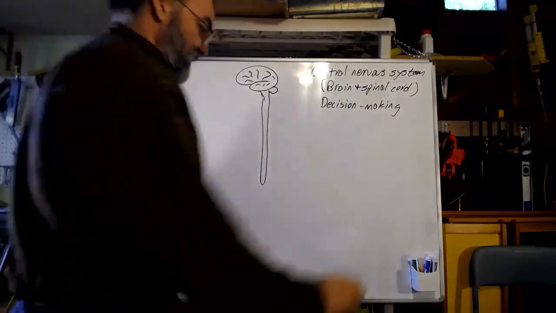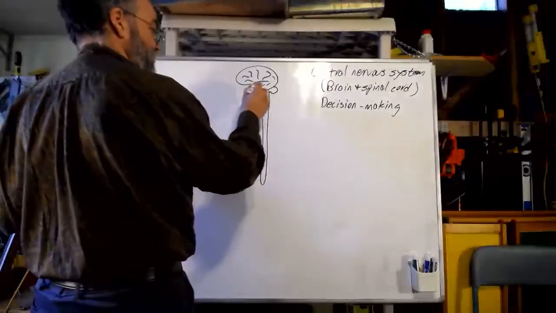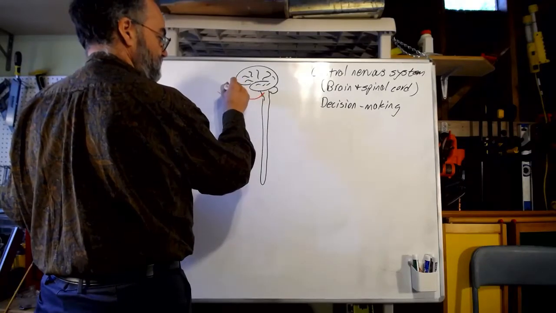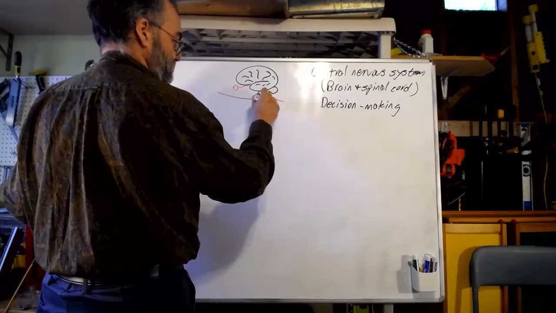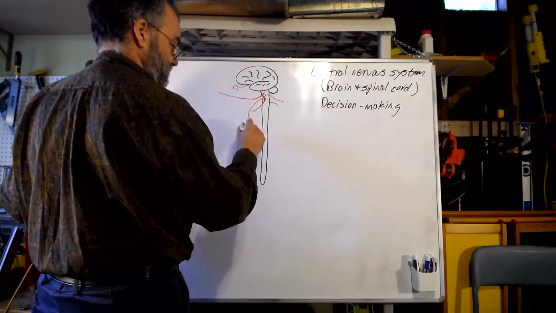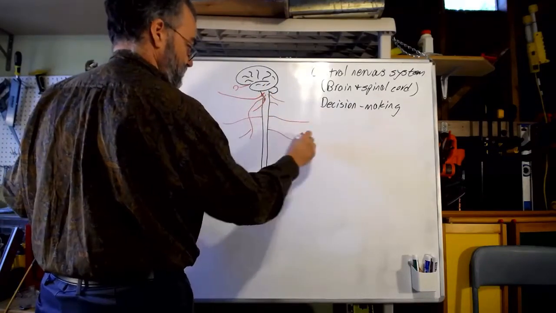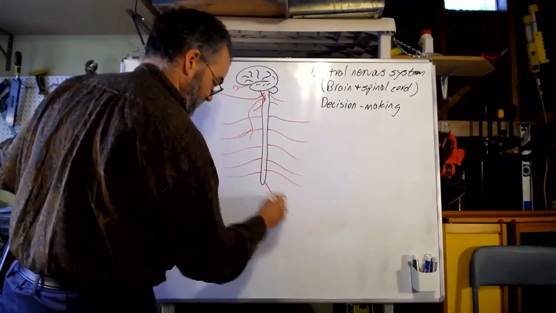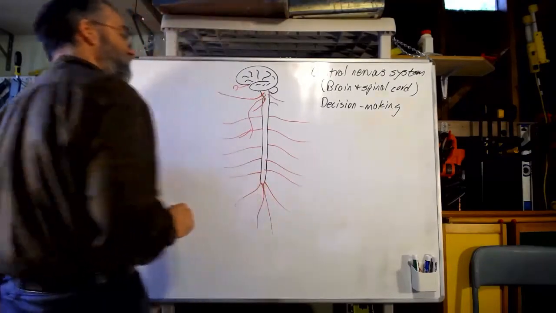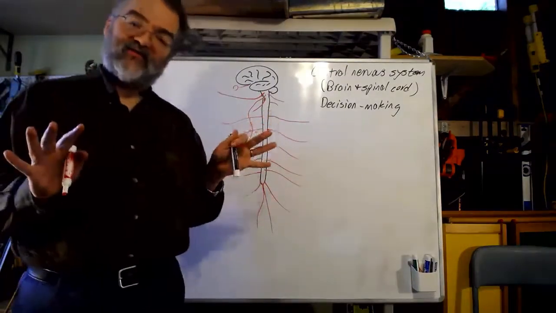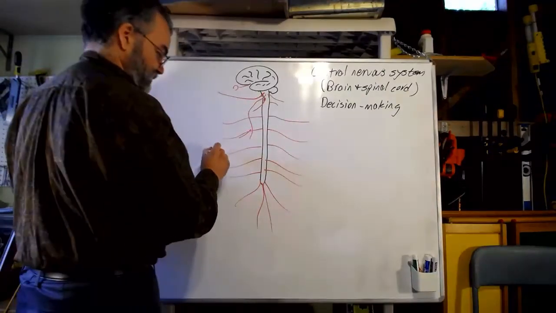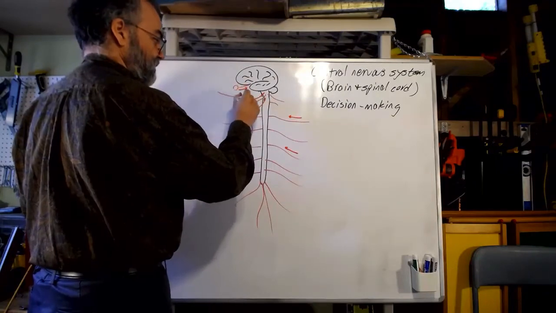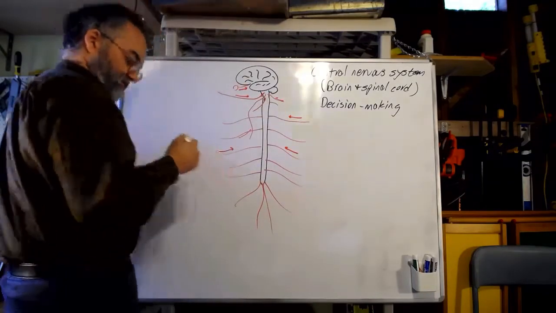Then, in addition to that, we have lots of things coming out from that. This is not meant to be anatomically accurate. We have lots of parts of the nervous system that are bringing information from the body and the world to the central nervous system.